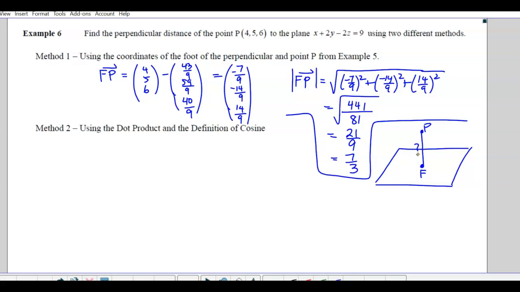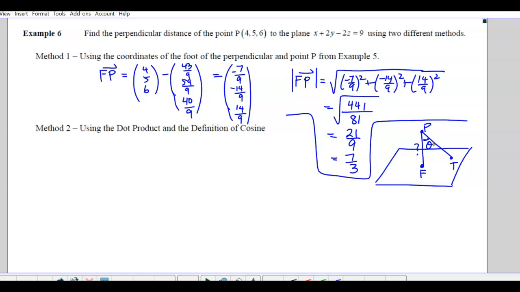Well, if we chose another point on our plane, I'm going to call it T, we could form a vector FT, right? If we do that, we will have an angle in between those, theta.